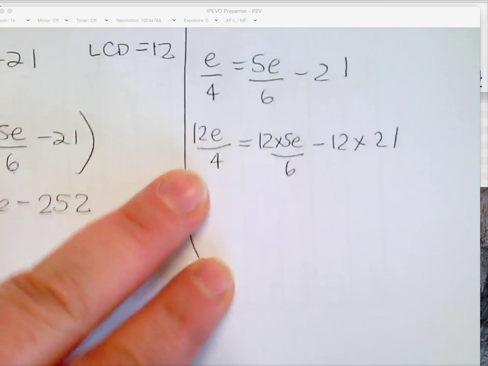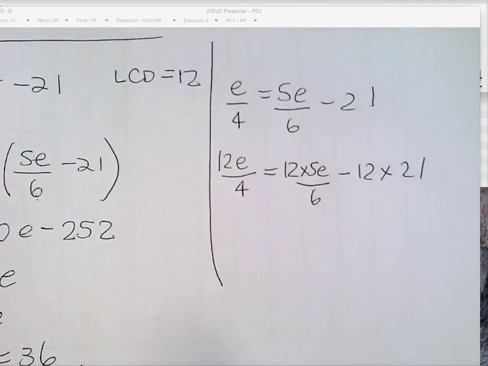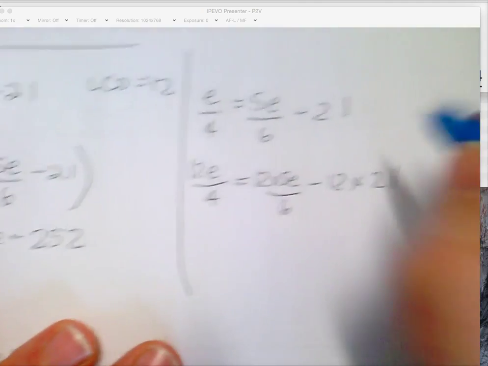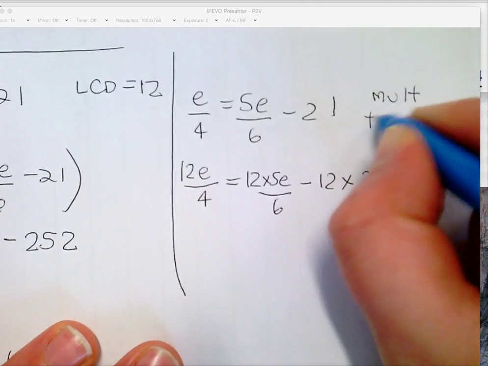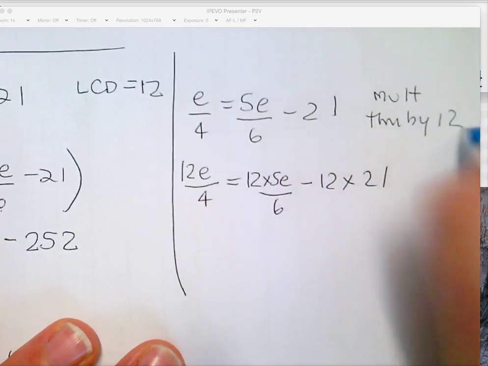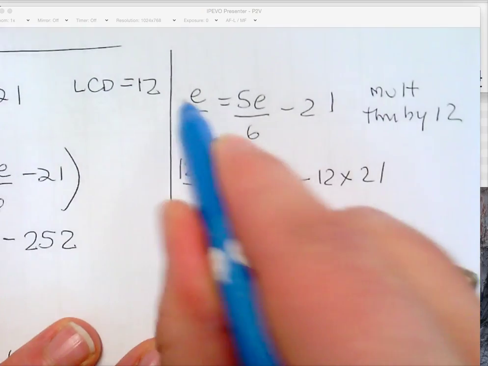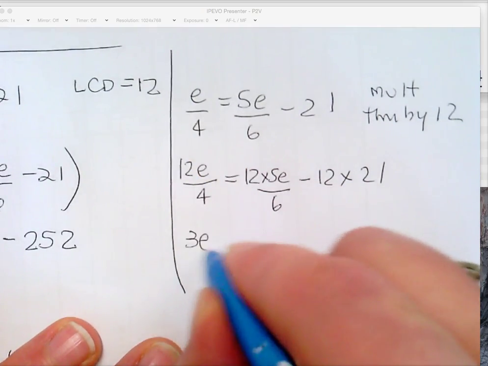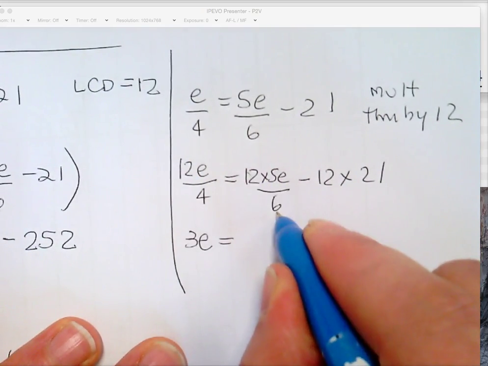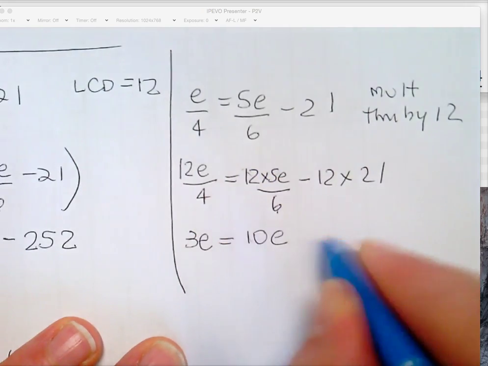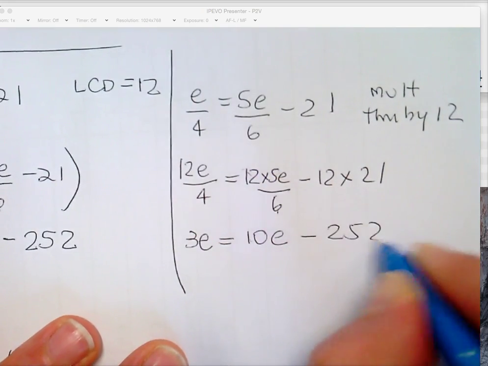So once you're comfortable with that and you know you're going to multiply through, what we really are doing is multiplying through by 12. In other words, we're multiplying each term by 12. And when you do that, you know 12 over 4 is 3. You know 12 over 6 is 2, and you get 10e, and you get that.